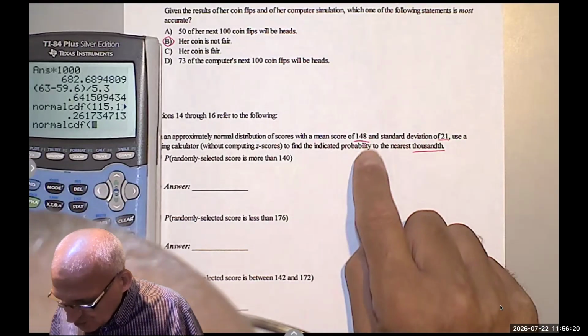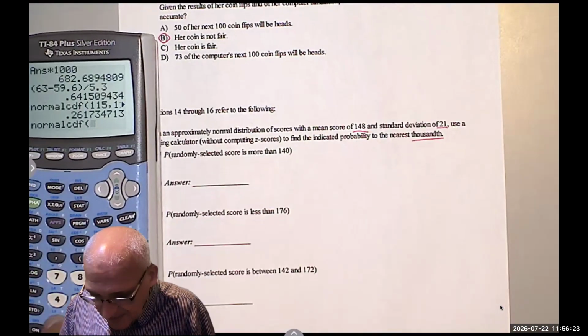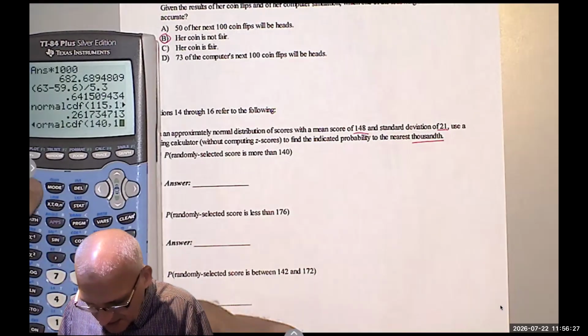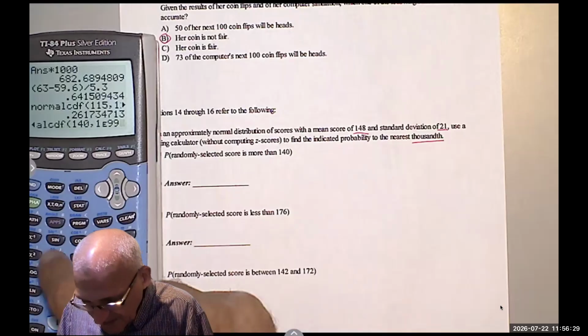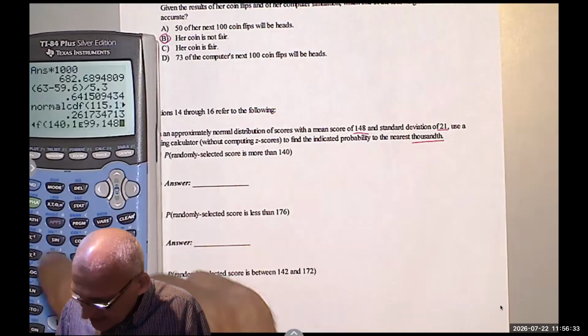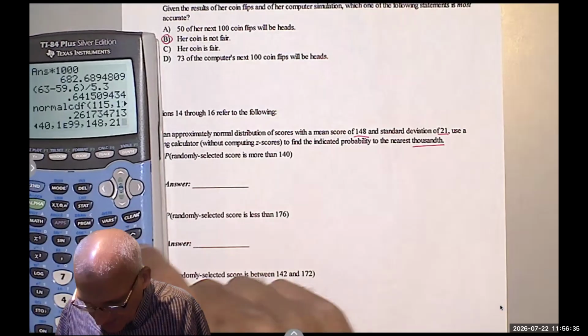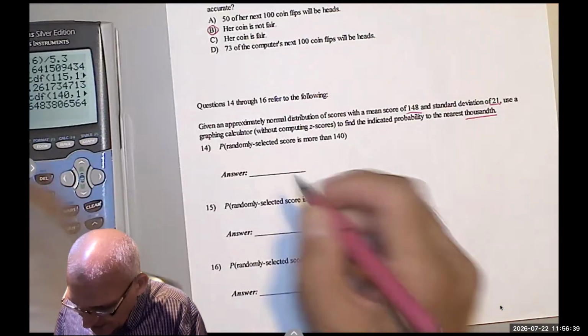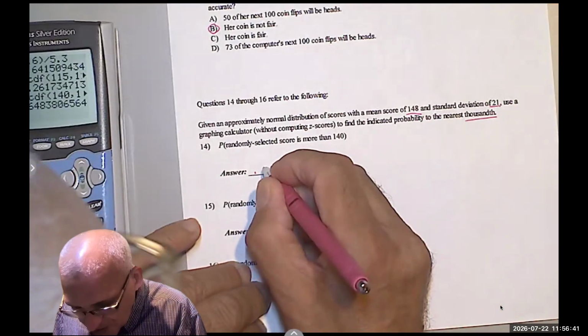So you want to score more than 140. So the lower is 140, the maximum is E99. I usually use a mean of 148, standard deviation of 21. To the nearest thousandth it is 0.648.